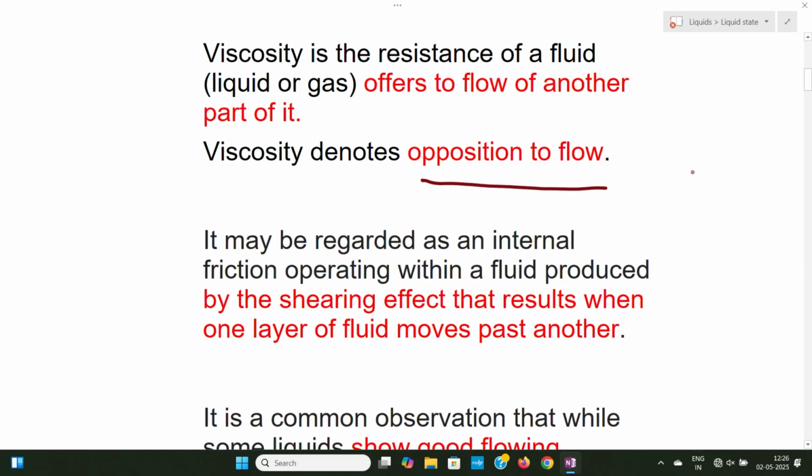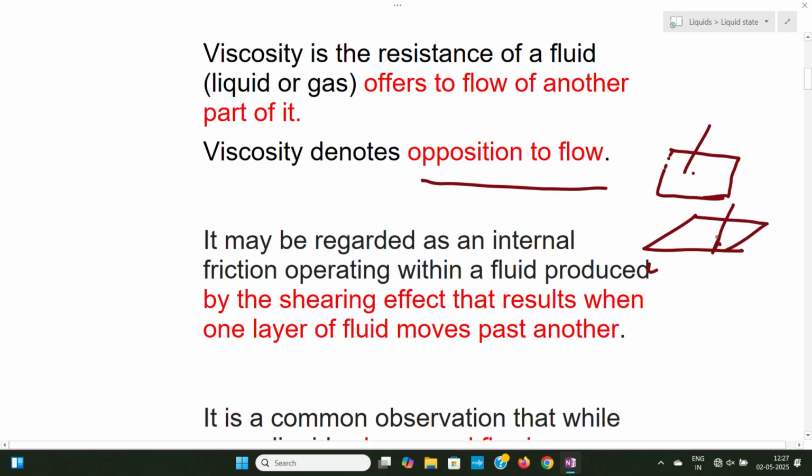That means the opposition force. If a force is acting like this, on one side, there will be another force here. So because of this, the opposite force is nothing but the shearing effect. Because of this shearing effect, the internal friction occurs. Because of the internal friction, the liquid finds difficulty to flow.